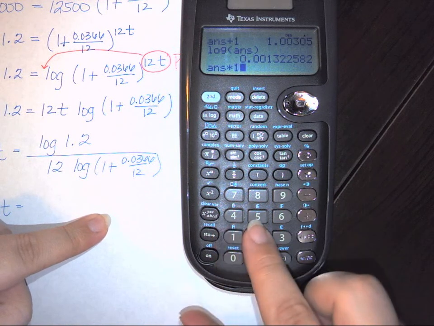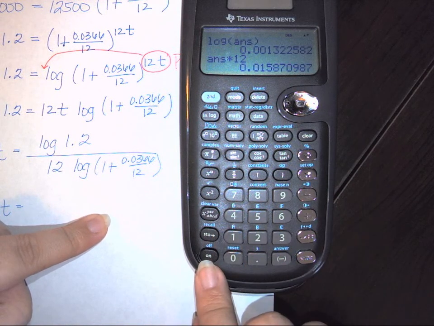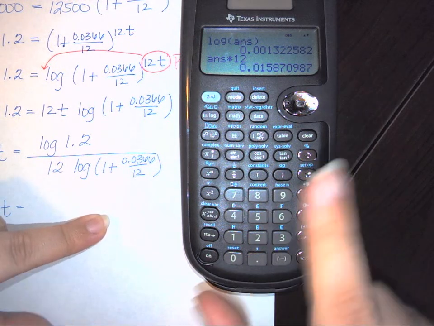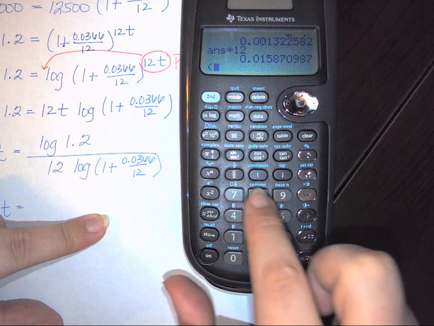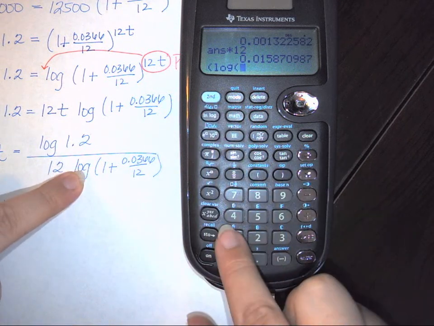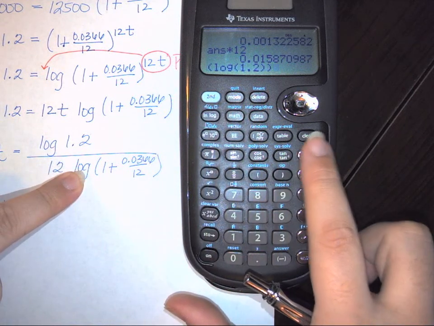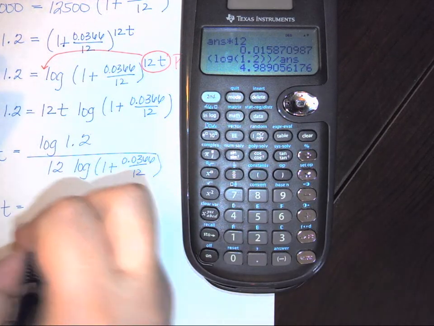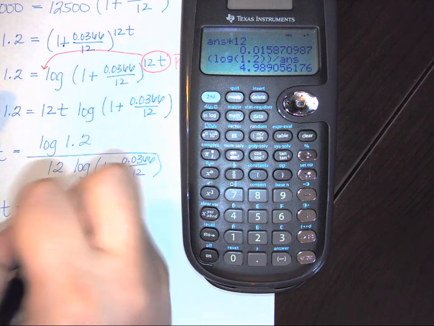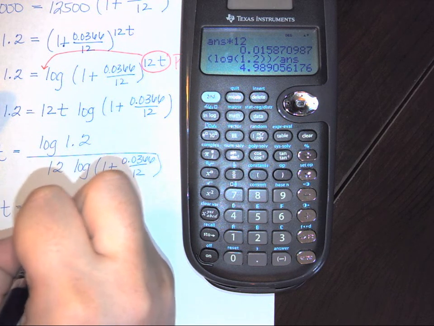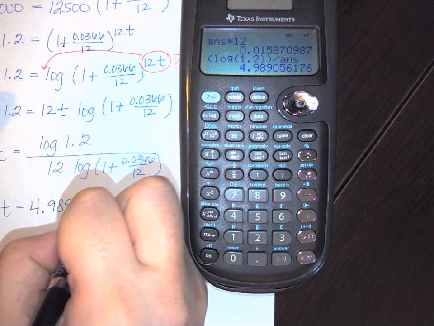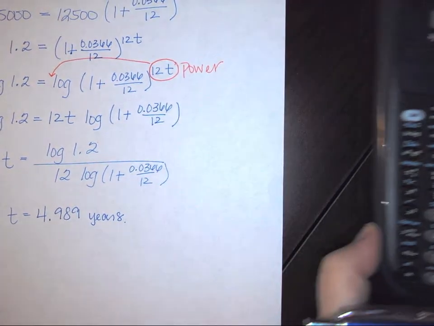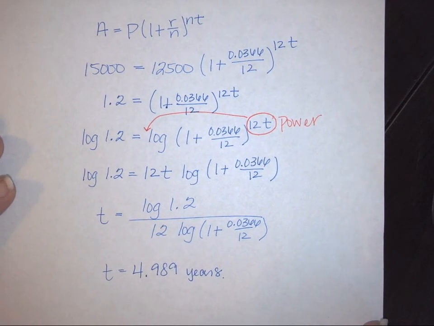I'm going to multiply that by 12 and hit enter. Now I'm going to save this as that answer result, and I'm going to do parenthesis log of 1.2 and divide that by my answer, and I get 4.989 years. In other words, really, really close to 5 years.